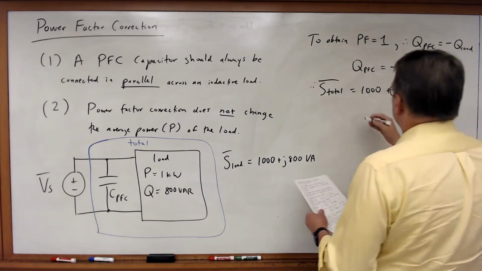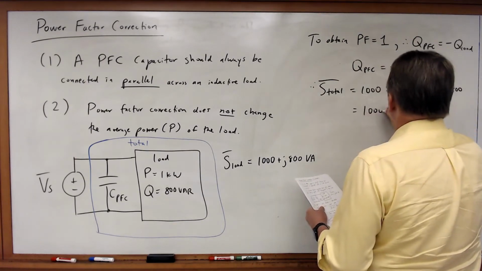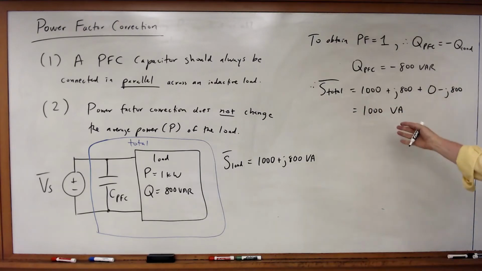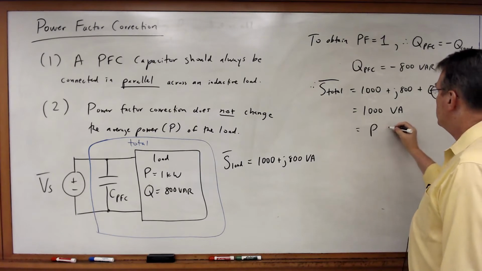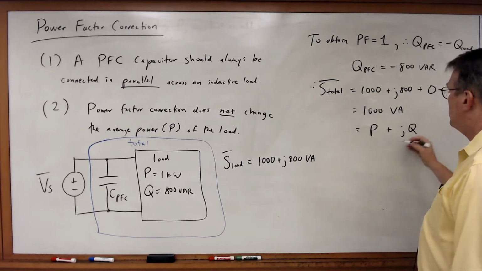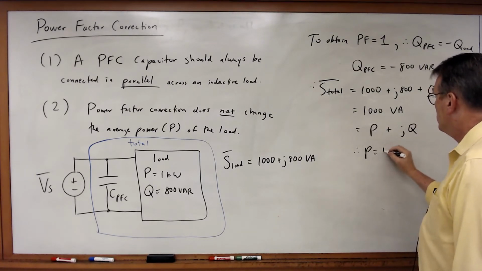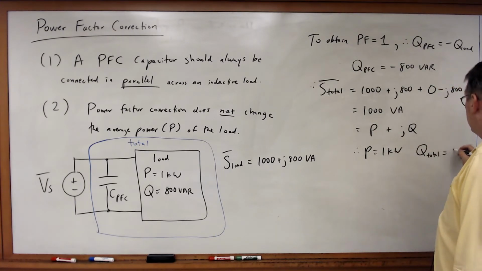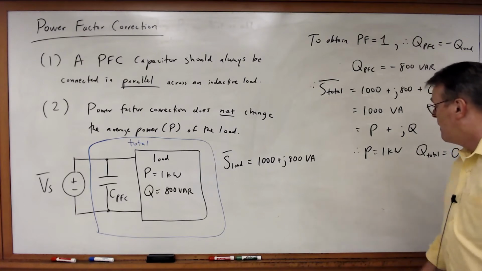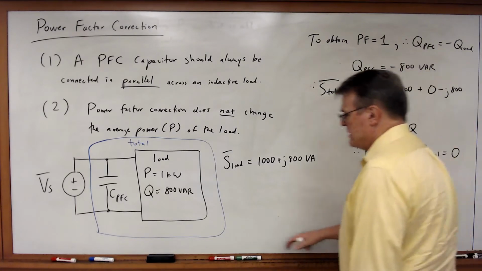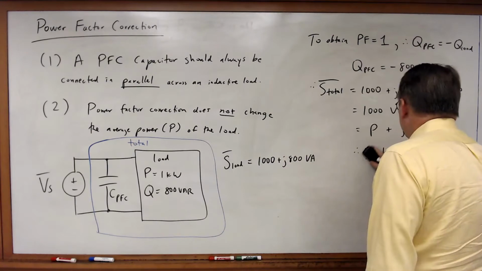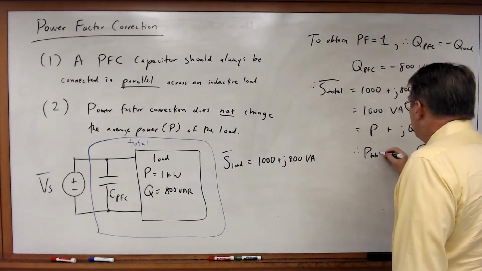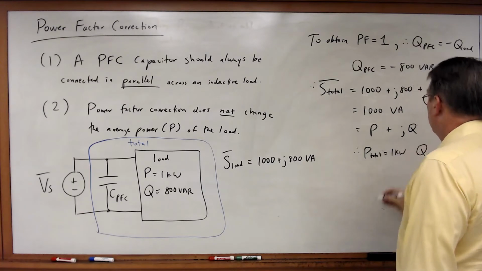And therefore what we'll get is that it's simply equal to 1,000 volt amperes. Since this is equal to P plus jQ, then P is equal to 1 kilowatt, and Q total is simply equal to 0. More accurately, P total is equal to 1 kilowatt.